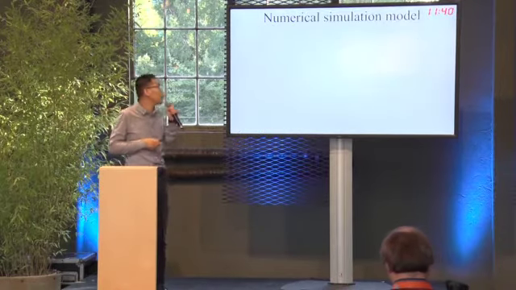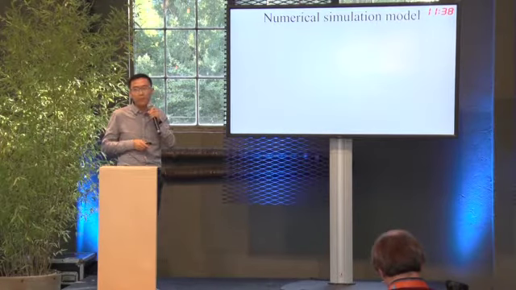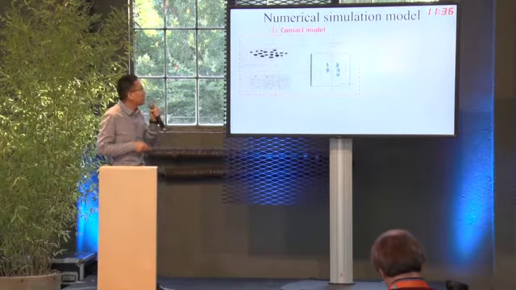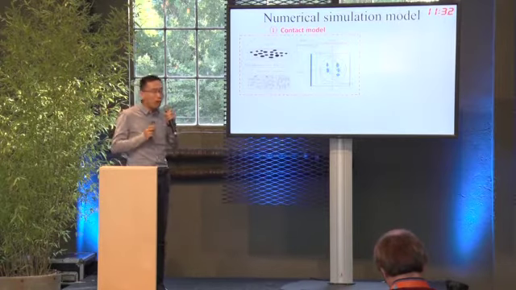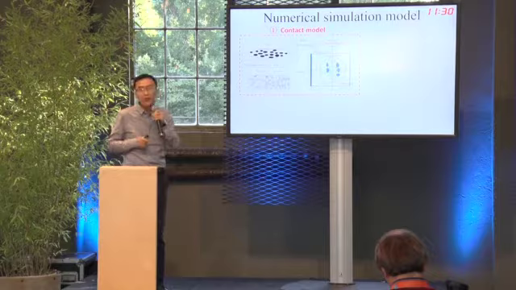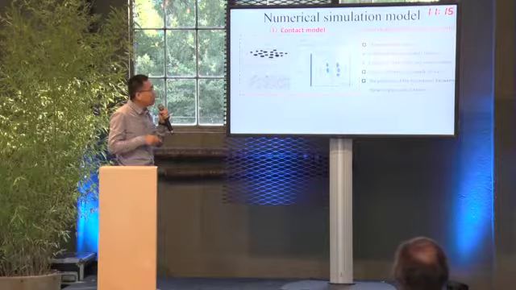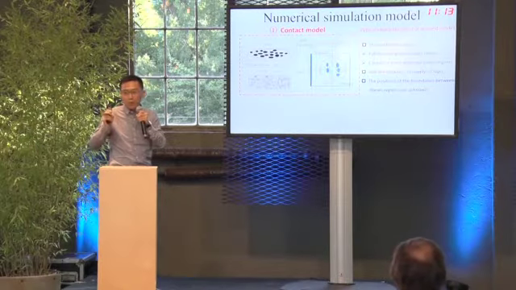Now let's go through the numerical simulation model. It contains 2 sub-models. The first one is the contact model. Here, I just describe the difference between the flooded case and the starved case. There are mainly 3 differences. The first one is the contact area.